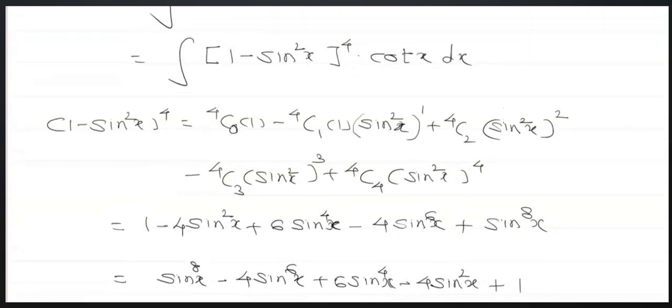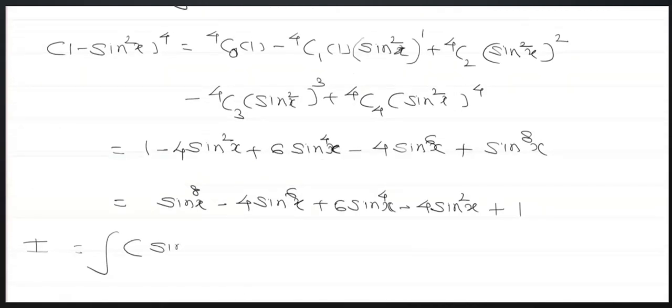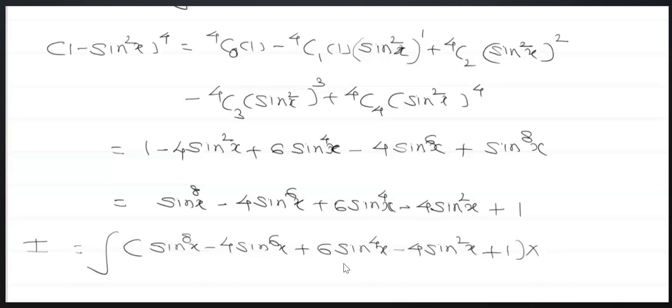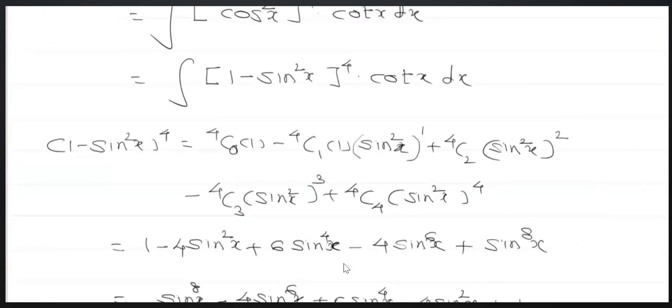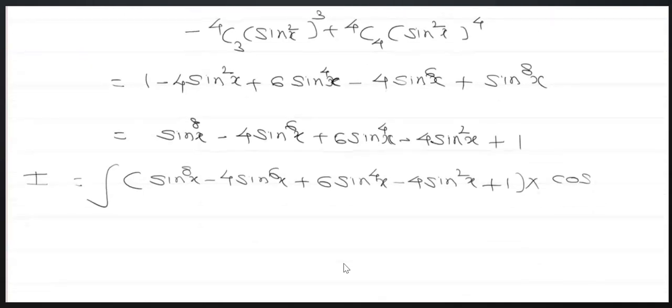Therefore, I is equal to the integral of sin of x raised to 8 minus 4 sin of x raised to 6 plus 6 sin of x raised to 4 minus 4 sin square x plus 1, into cos of x upon sin x.